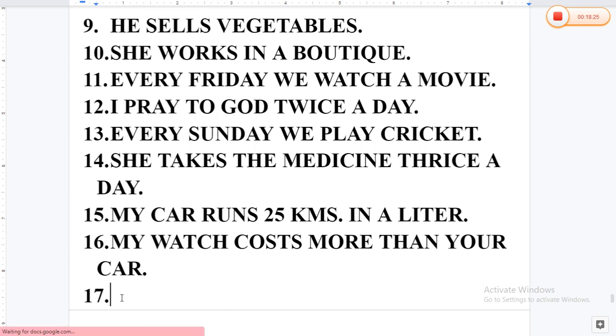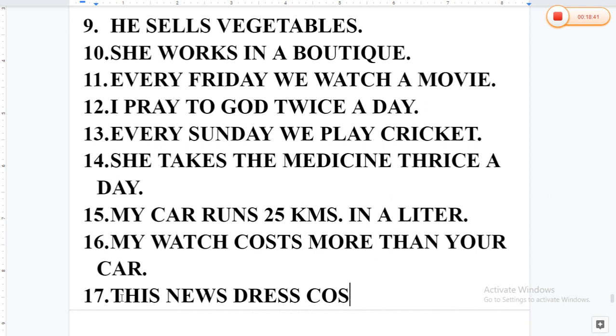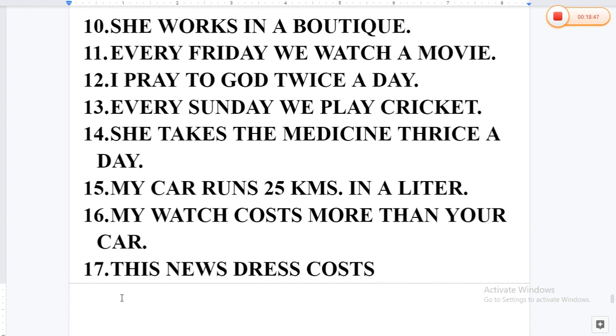Sometimes people make such statements to insult other people on financial terms or status. This new dress costs... So these are examples of present simple tense.